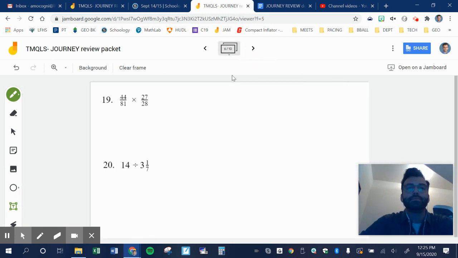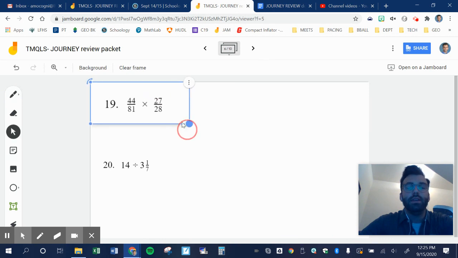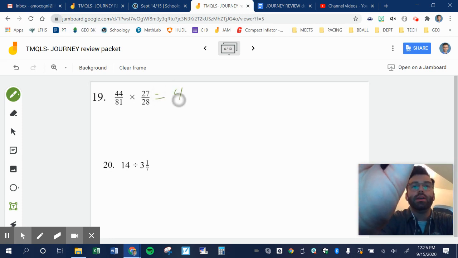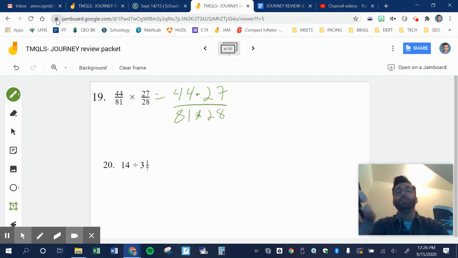All right. Next one here, we're doing multiplication of fractions. So that means I'm going to multiply straight across the top and multiply straight across the bottom. You don't have to write this step, I'm just going to show you what I mean. 44 times 27 over 81 times 28. These are going to be big numbers.